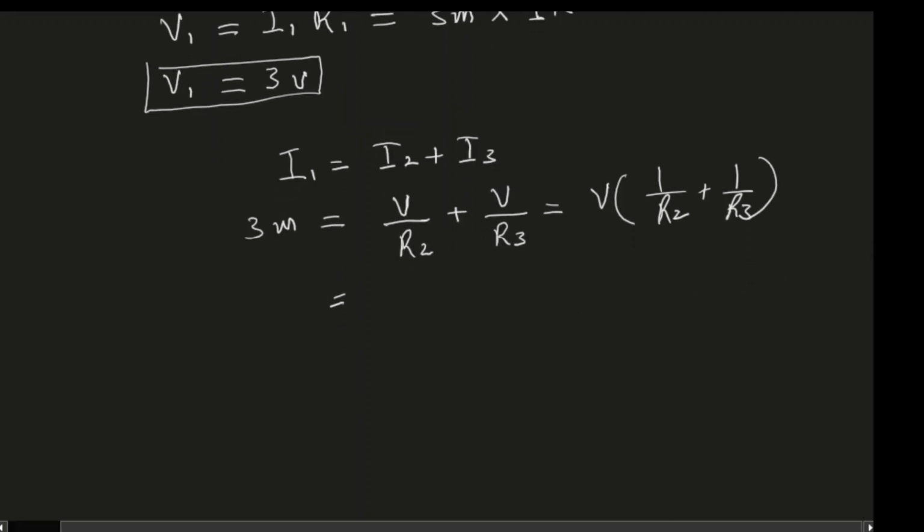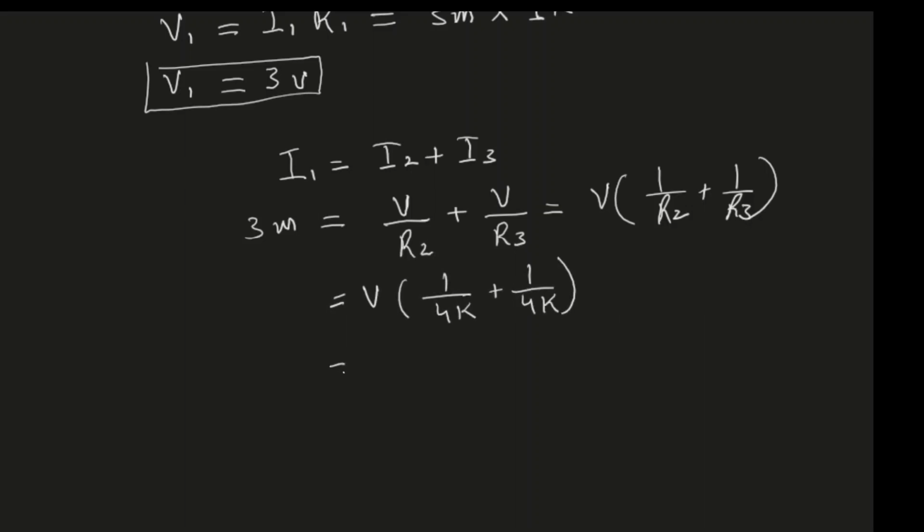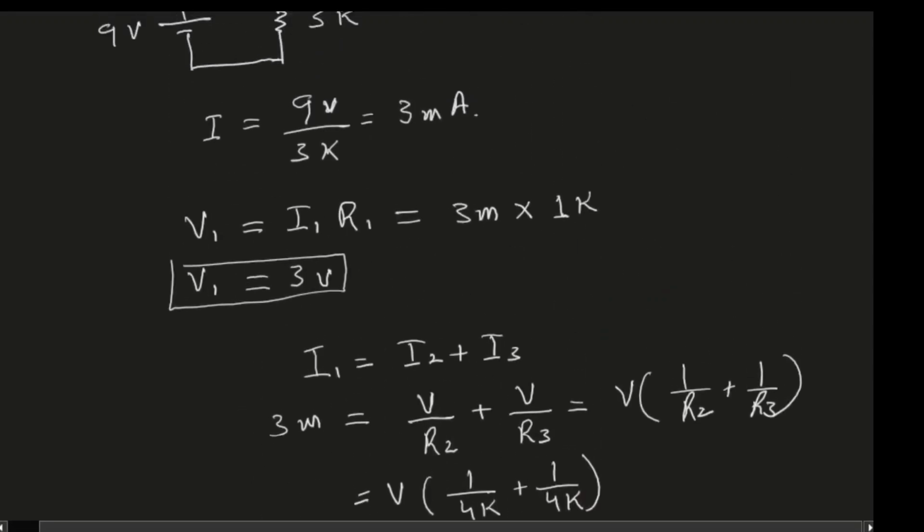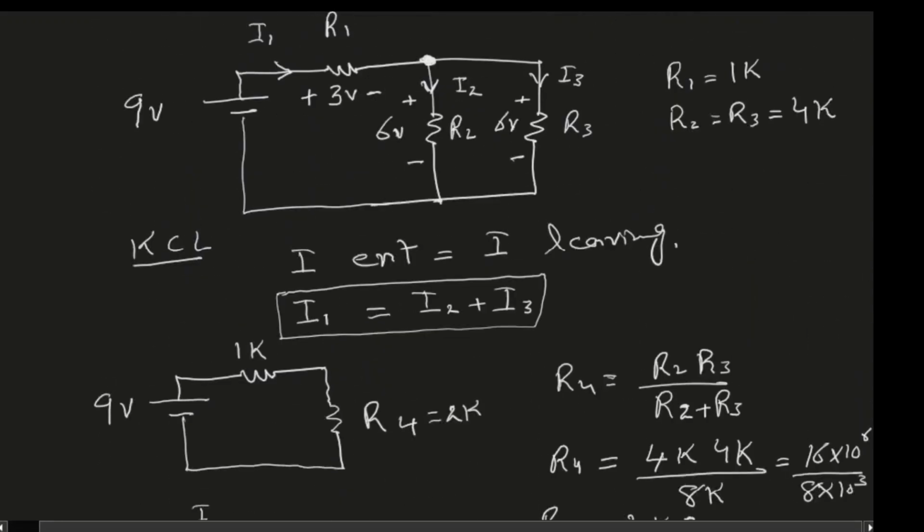R2 and R3 are 4 kilo ohms each, so that will be 1 divided by 4 kilo plus 1 divided by 4 kilo, which will be 0.25 plus 0.25, which will be 0.5 milli, and that is equal to 3 milli, which means the voltage V shall be equal to 3 milli divided by 0.5 milli, which is equal to 6 volts. And this is exactly what we calculated using KVL. Right, so KCL gave us the same result as KVL.